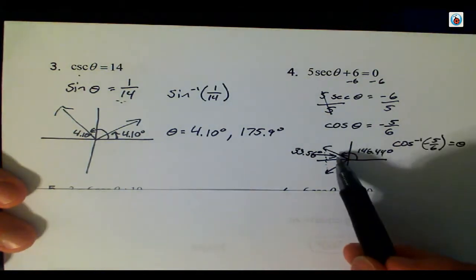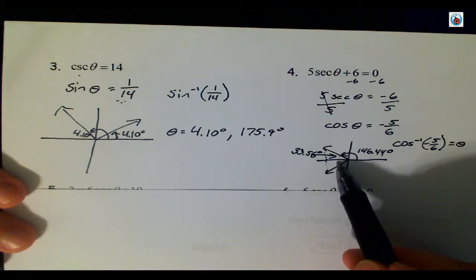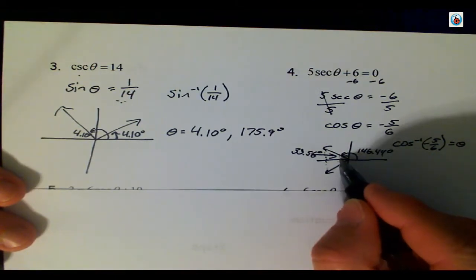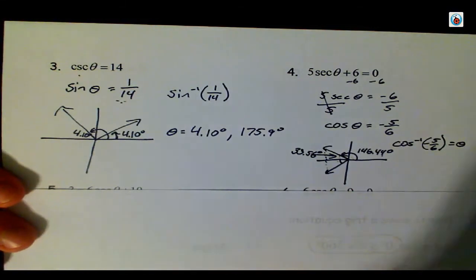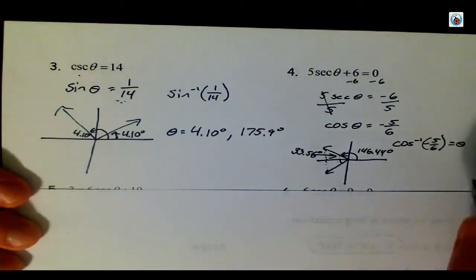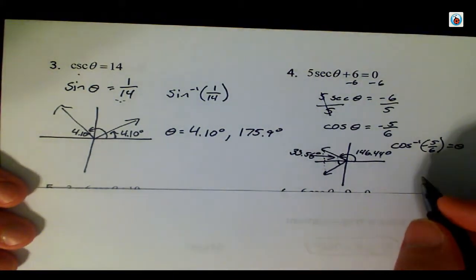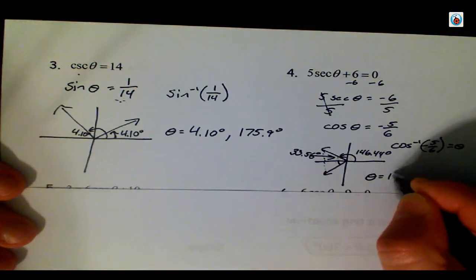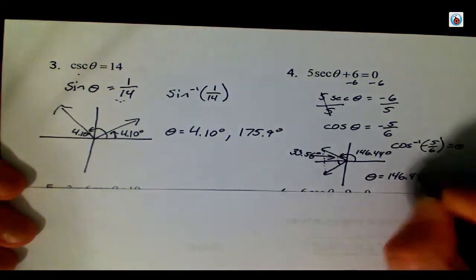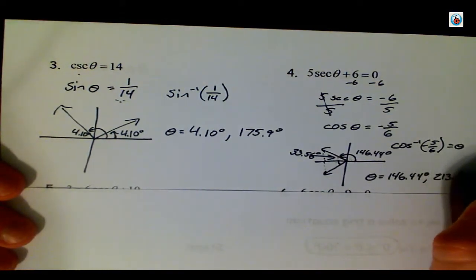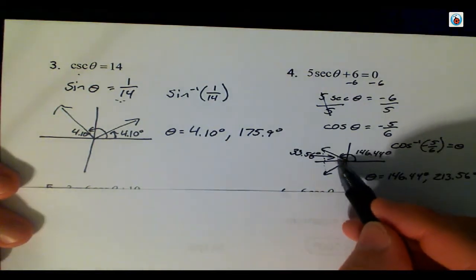Now, if this reference angle is 33.56, that means that this reference angle is also 33.56. I know that a straight line is 180, so all I need to do is add 33.56 to it, and you get 213.56. So your final answer is theta equals 146.44, which comes from that first line, and 213.56 degrees for your second angle.